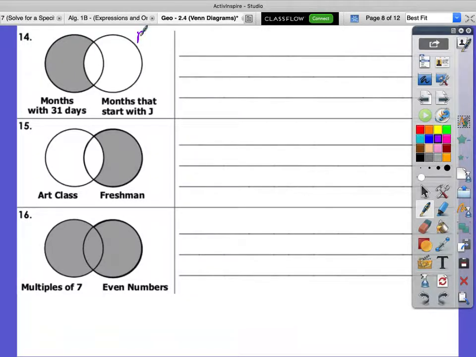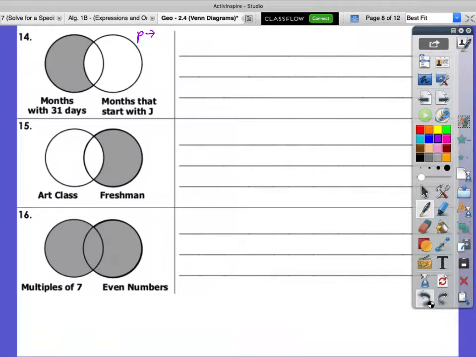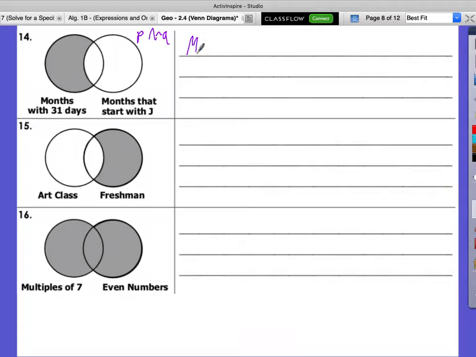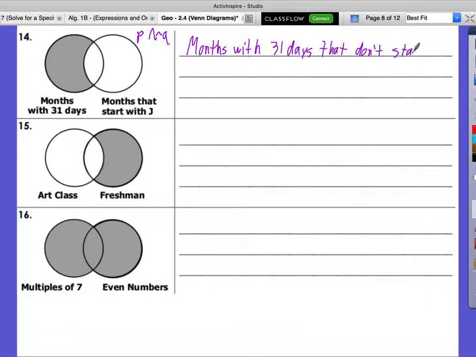So this one would have been like our P and not Q. That would have been like that example. So months with 31 days that don't start with J.